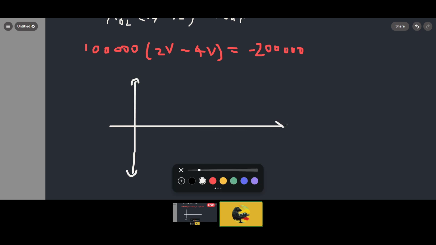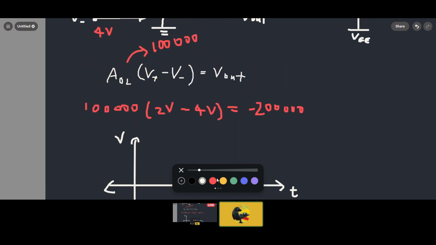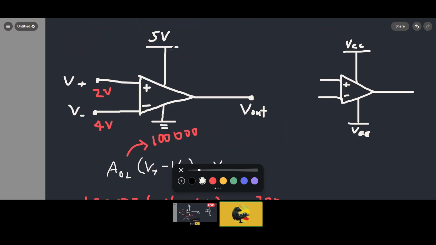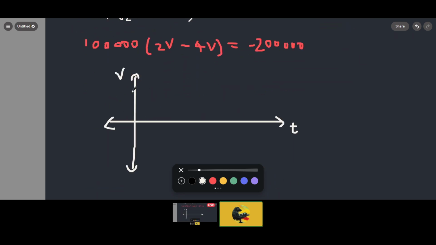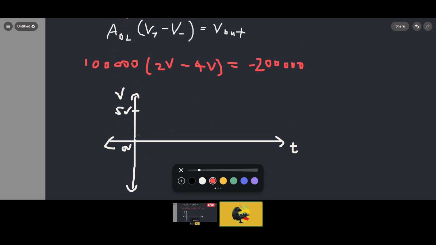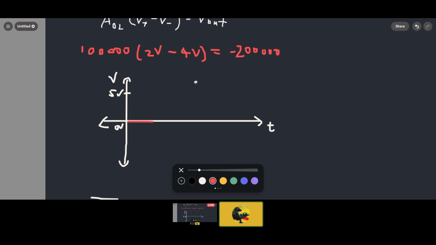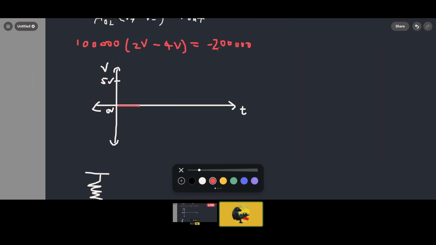And let me show you why again with this graph. So it's V over T. And then it is getting clamped at 5 volts and ground is 0 volts. So 5 volts is here, and 0 volts is here. So let's say here we power it on, and then theoretically output should be negative 200,000 volts.